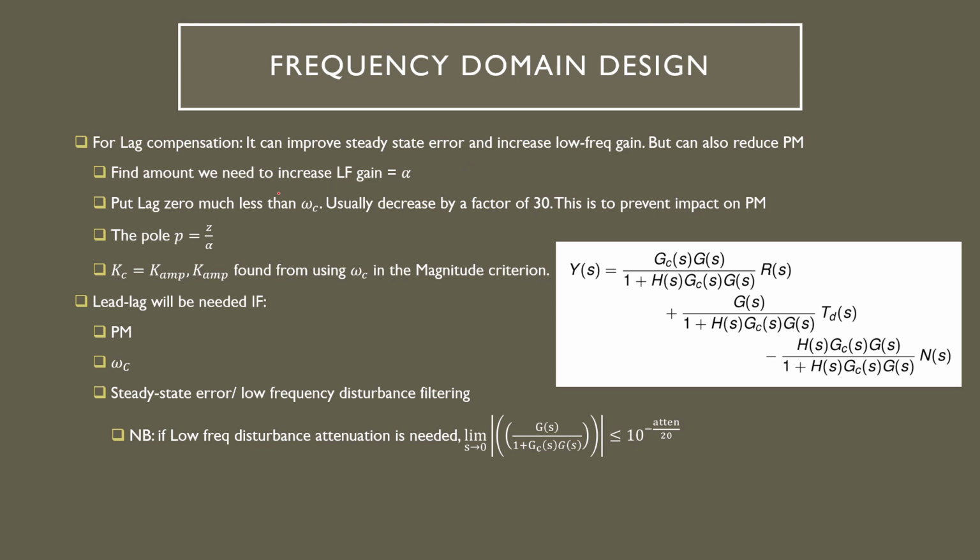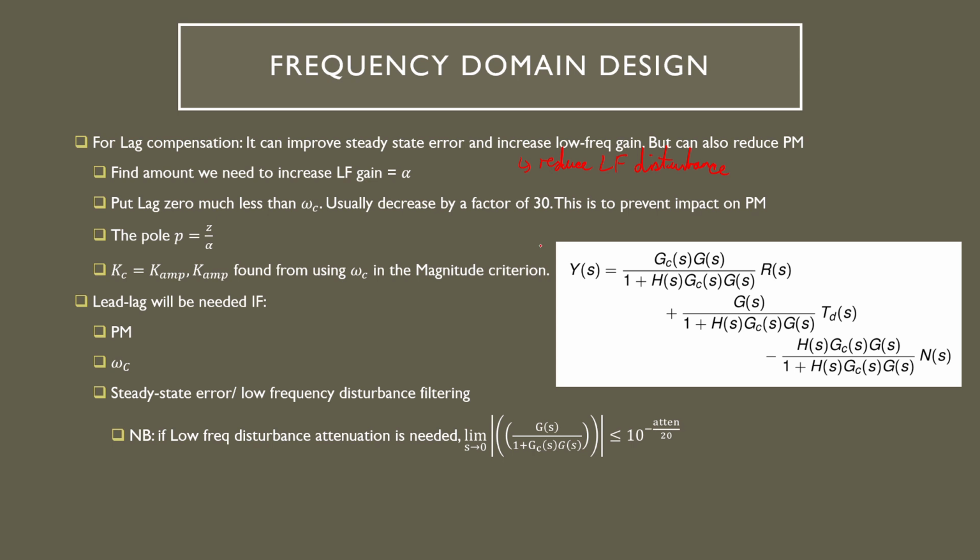So the main thing we usually use this for is to increase the low frequency gain or to reduce low frequency (LF) disturbance. So if there's a low frequency disturbance, something like wind in a system, having a lag compensator helps reduce that.